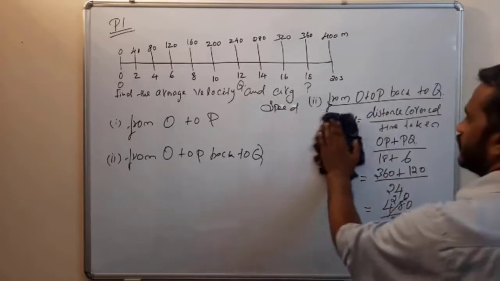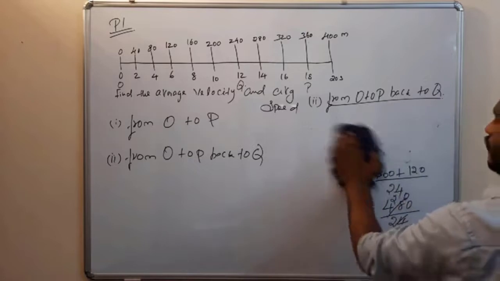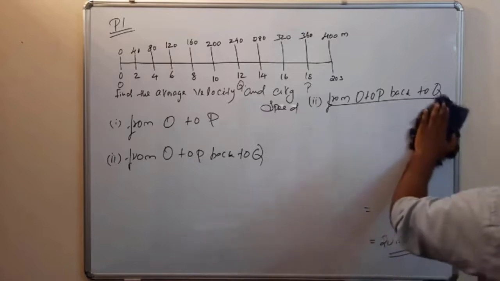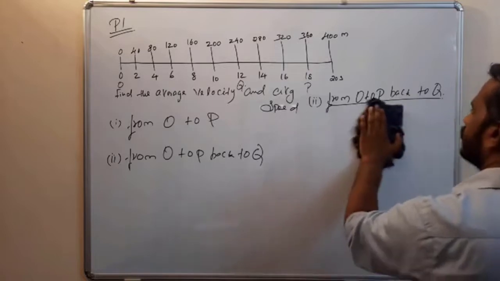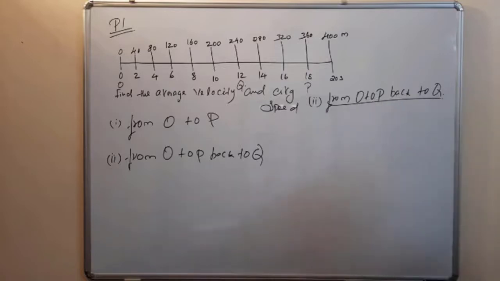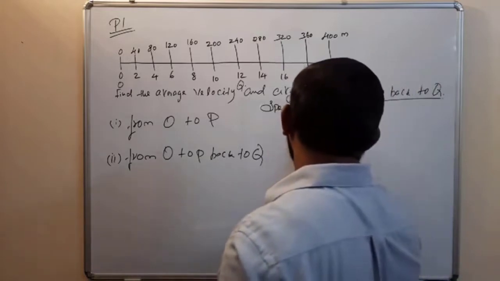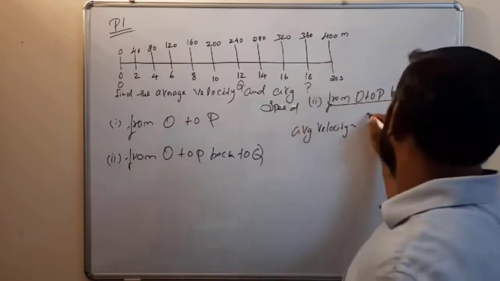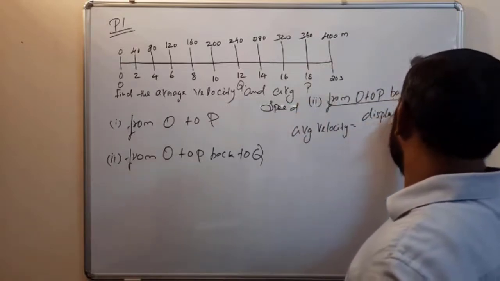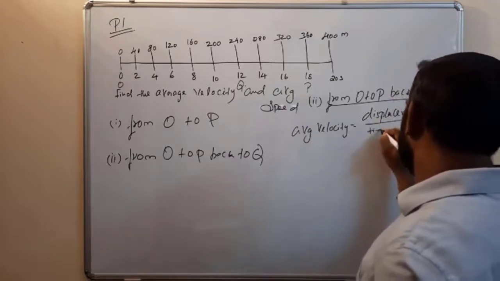Next is average velocity. Average velocity is equal to displacement by time taken.